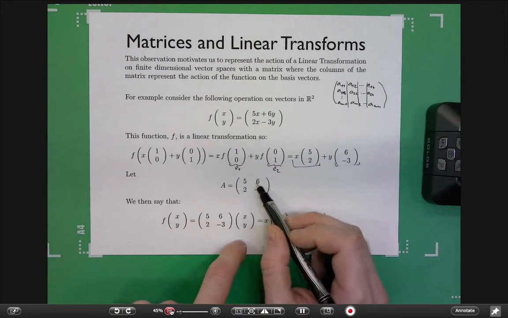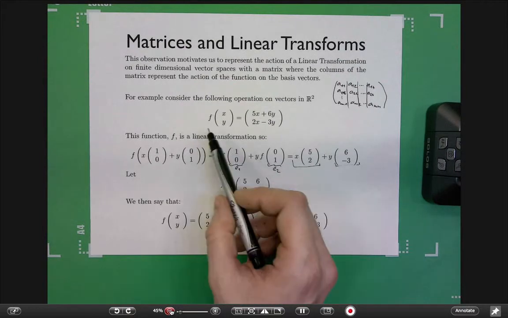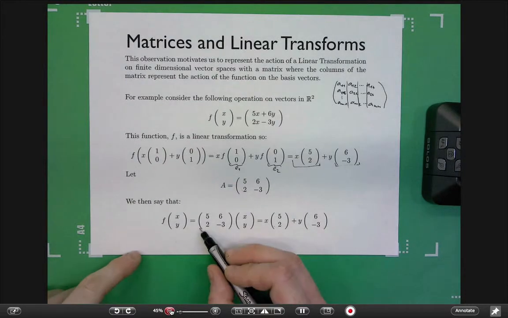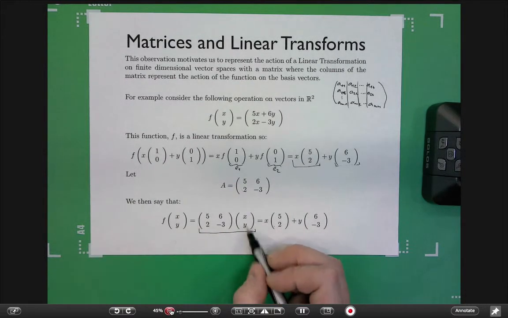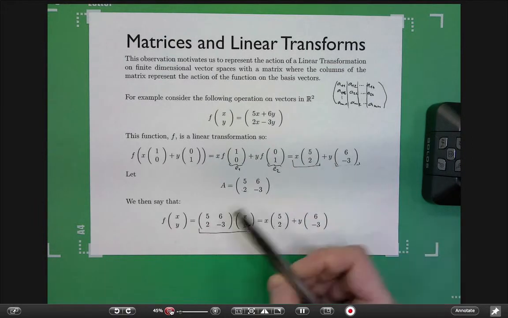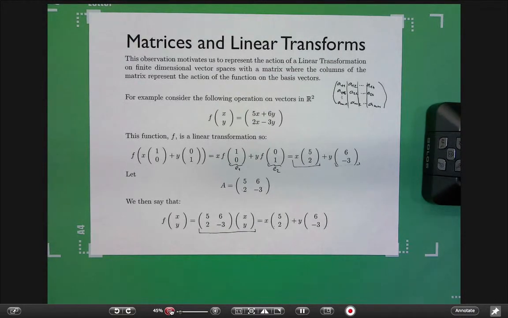That's my matrix. And I can say that this function f is then a matrix multiplication of the matrix times the vector (x, y). It really means nothing but this: take the first column multiplied by x and add it to the second column multiplied by y. That's also how matrix vector multiplication is defined.